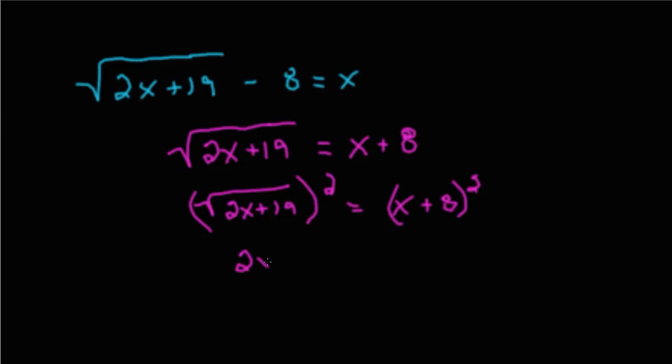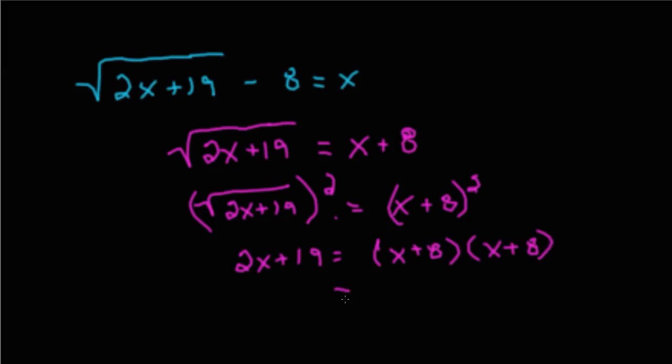So now you'll end up with 2x plus 19 equal to x squared plus 8x. Here, we'll go ahead and draw it out so you don't have to visualize it. You'll have x plus 8 times x plus 8.